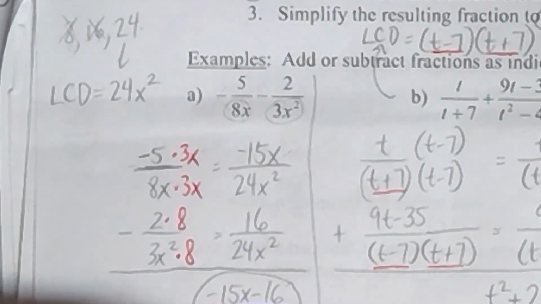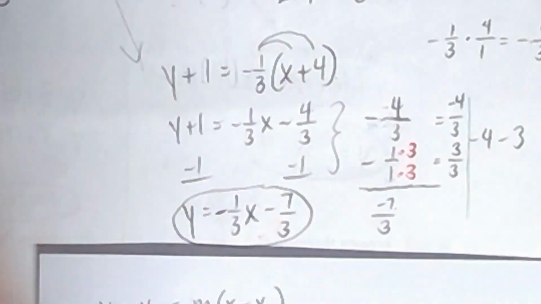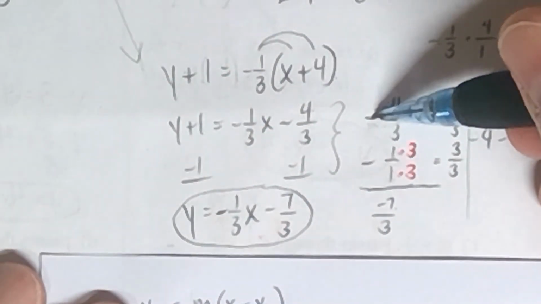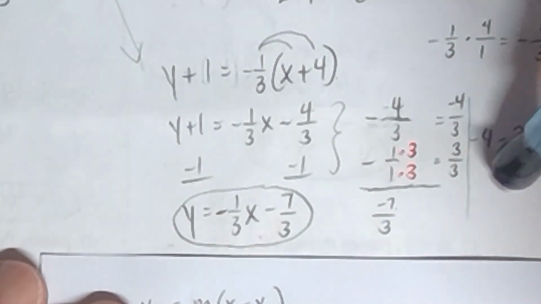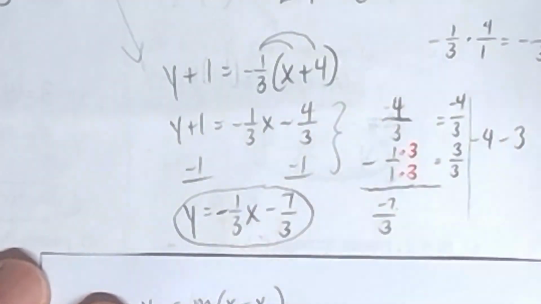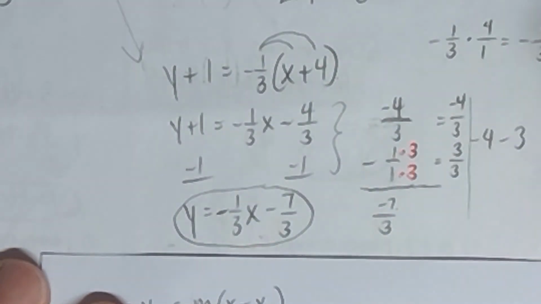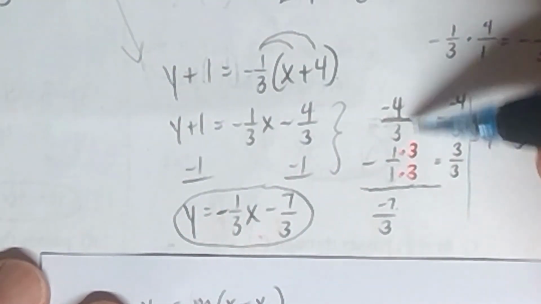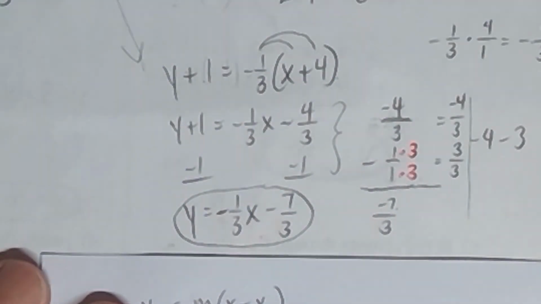I did that in 8.4 right here in this problem, very first problem in 8.4. So in the same way, because I have a negative in front of the first fraction here as I'm subtracting here, I'm going to move that negative into the 4 right there, into the numerator, like I said. And now my common denominator is 3, because I have 3 and 1 as my denominators.